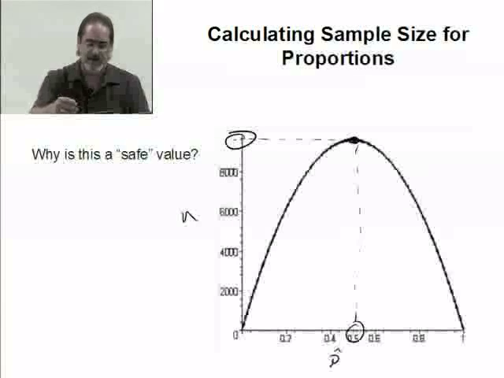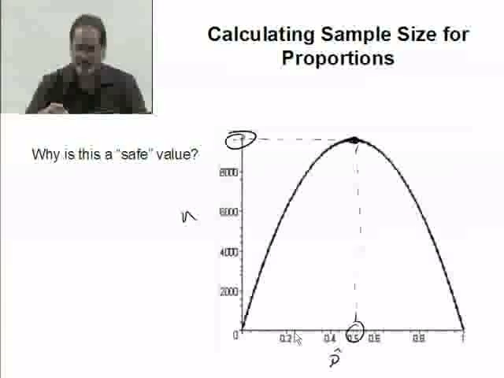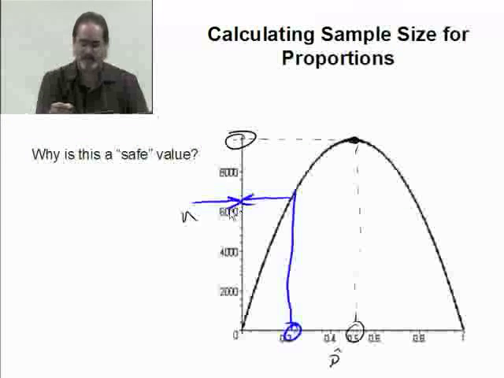This graph is sample size as a function of the sample proportion. If in reality I go out and get my sample and I end up with something like down here, what that means is I really didn't need as big of a sample. I could have gotten away with something way down here rather than a sample size up here. All that's going to mean is that I have more samples than what I really need, so my margin of error will end up being smaller than what I specified.